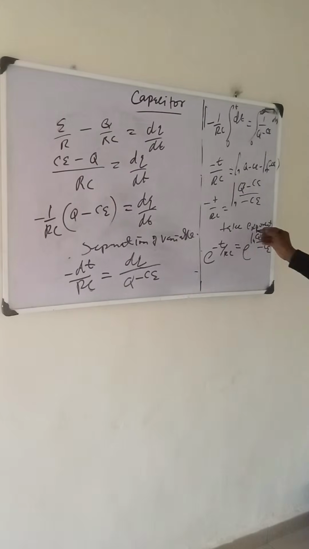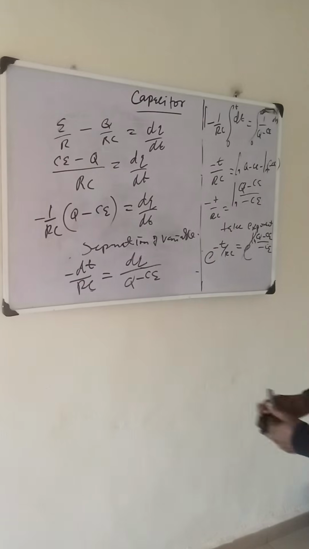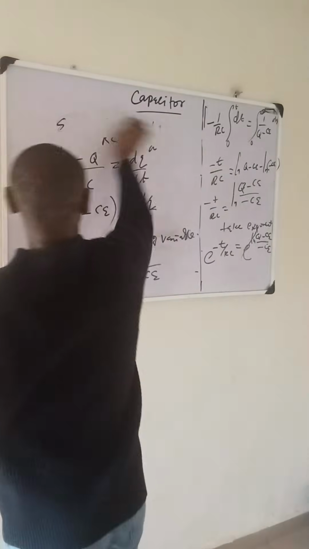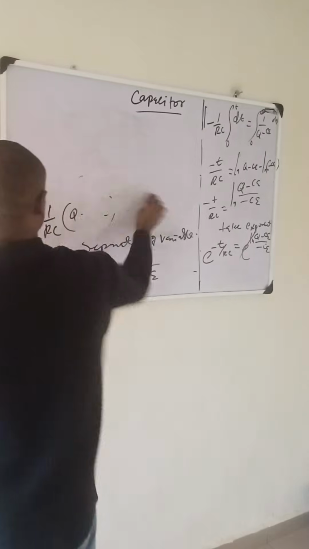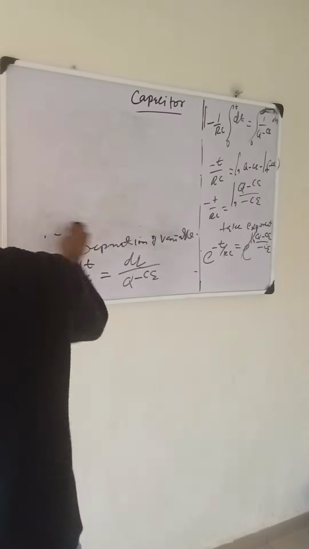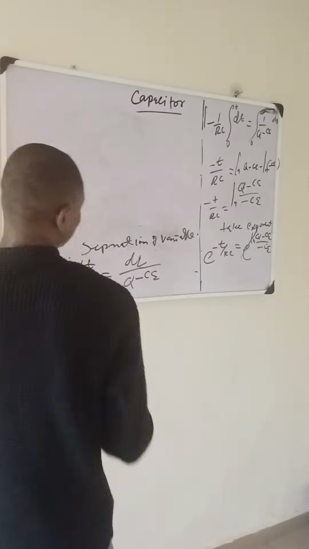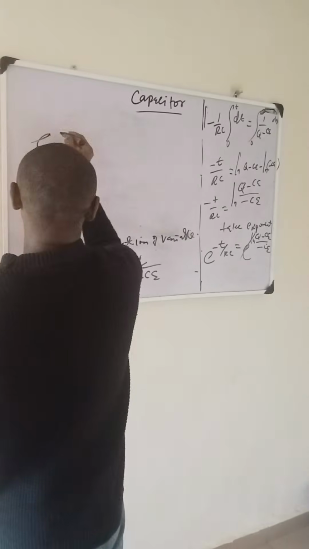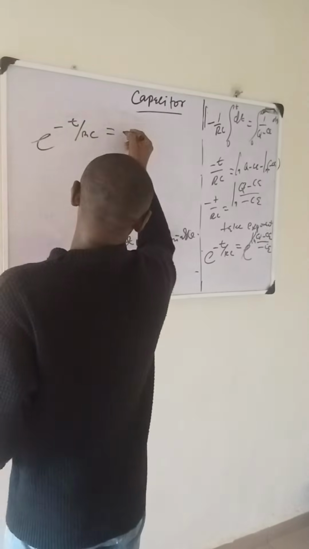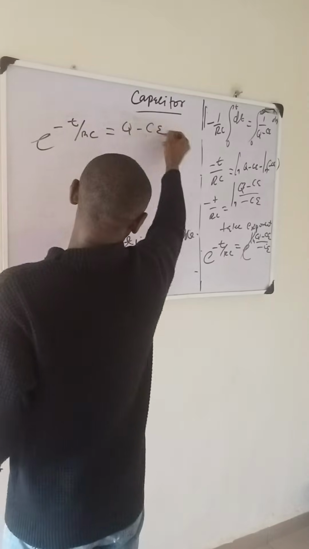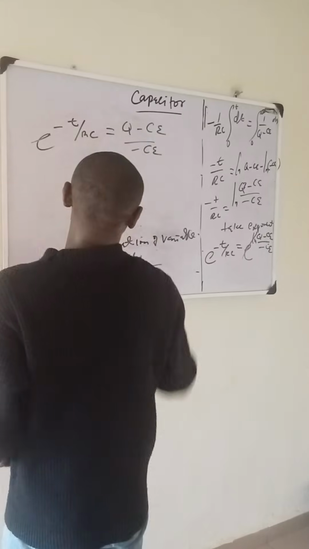So now this will vanish and we'll be left with e raised to the power minus t all over RC is equal to q minus CE all over minus CE.